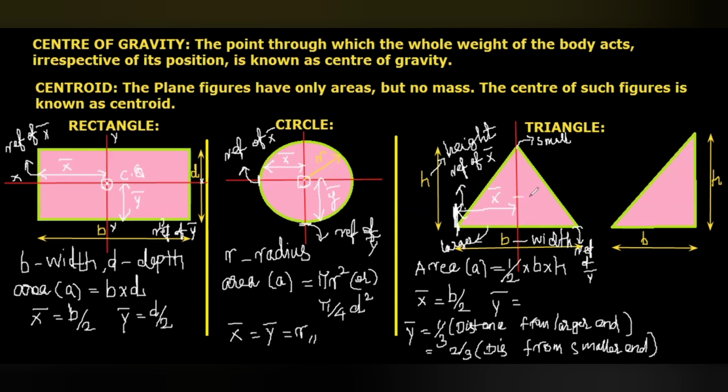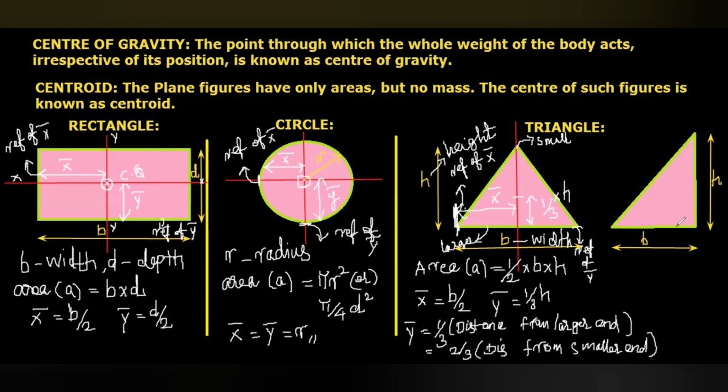That will be 1 by 3 the distance, that means the vertical height. That is h. So we can say the y bar is 1 by 3 h, for this type of equilateral or isosceles triangle, which is symmetric about one of the axes.